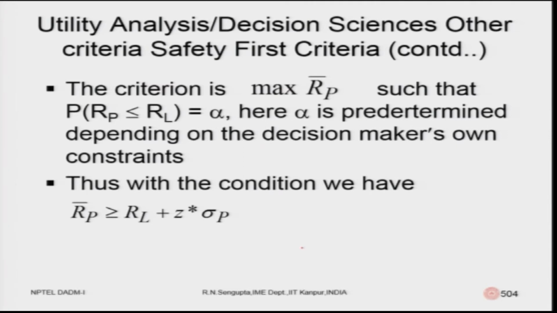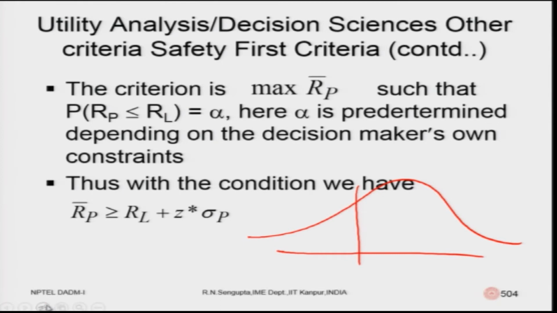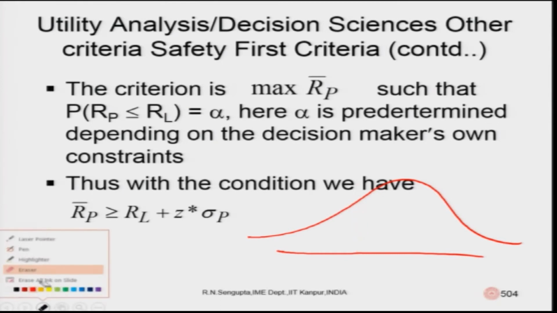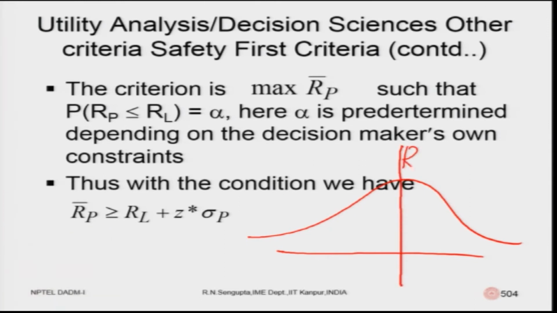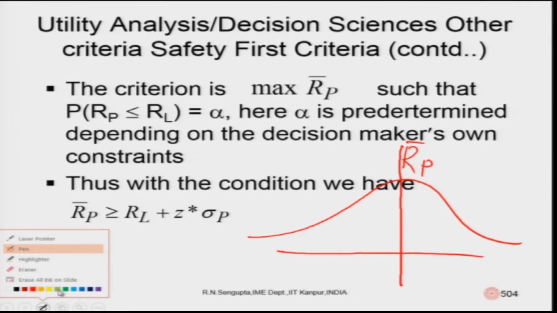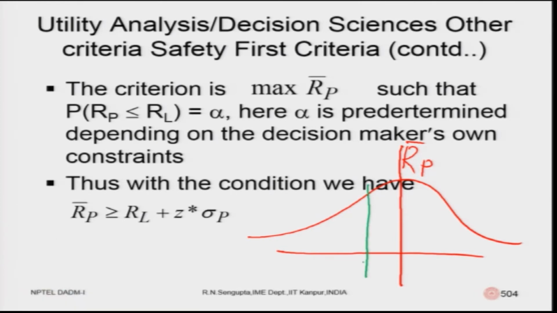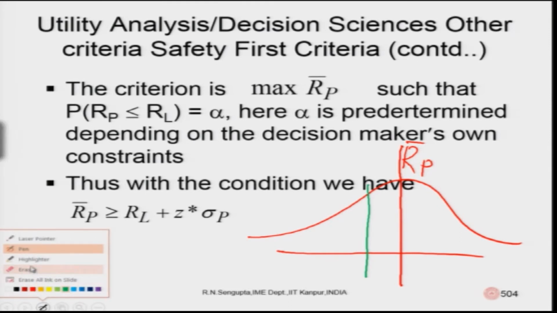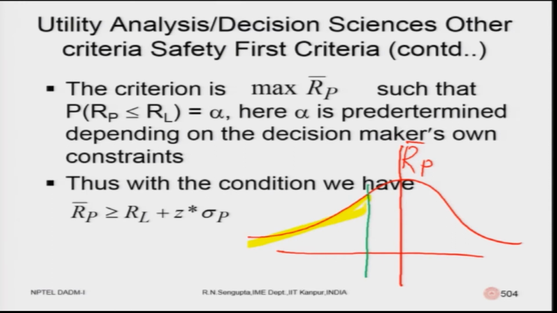So, what we are trying to do is, this is the distribution, this is R. I will draw this value, which is the average value RP bar, and this is just for information I am giving, this is RL. So, technically this is the area which is alpha.